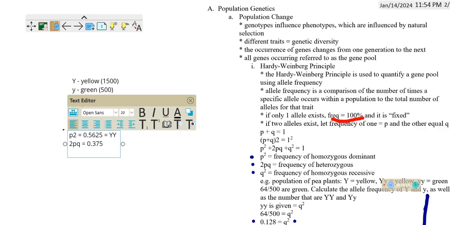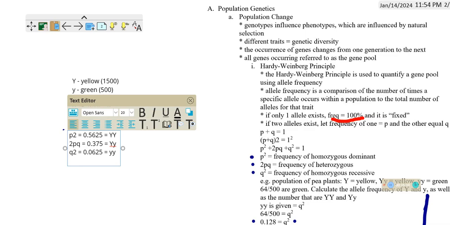This, again, in our Hardy-Weinberg population is going to be a big Y, little y. And we're left then with Q squared, which is going to be 0.25 times 0.25. It's going to be 0.0625, and this is going to be my organisms that are little y, little y.